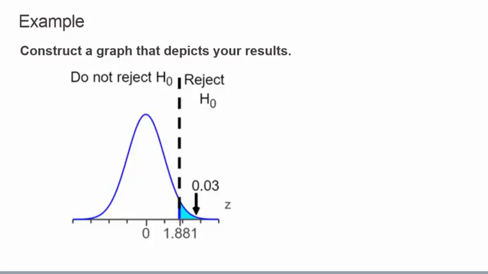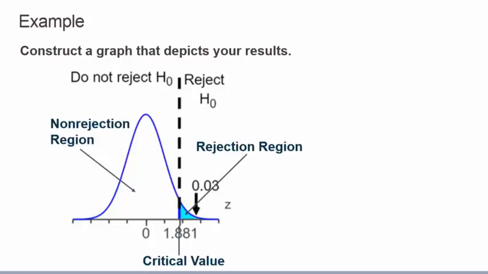To construct the graph, we want to mark our critical value, which is 1.881. Then we want to mark the rejection region, which is to the right of 1.881, and the non-rejection region, which is to the left of 1.881.